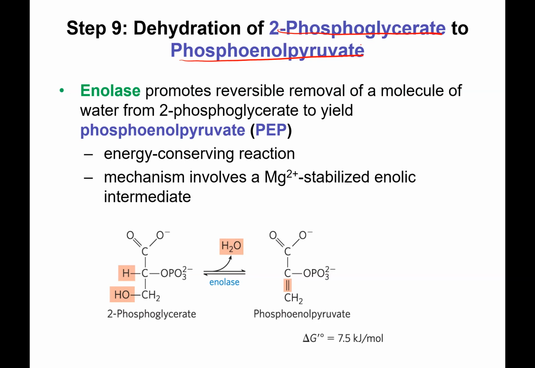This is again a reversible reaction, and we're simply removing a molecule of water here. The loss of water gives us the double bond between these two carbons. We're not going into the mechanism here, but we do have a magnesium ion stabilized enolic intermediate.